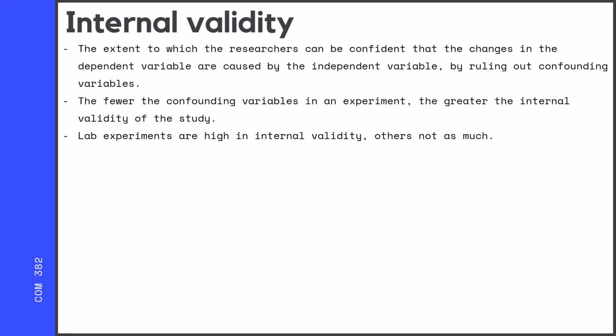The fewer potential other factors, confounding variables in an experiment, the greater the internal validity of the study. Lab experiments are really high in internal validity, especially because you're doing all the procedures the exact same. They're in the exact same room. The lighting's the same. The person that greets them at the door is the same. Other kinds of experiments that we talked about today, quasi, pre, and field or natural experiments, have far less internal validity.